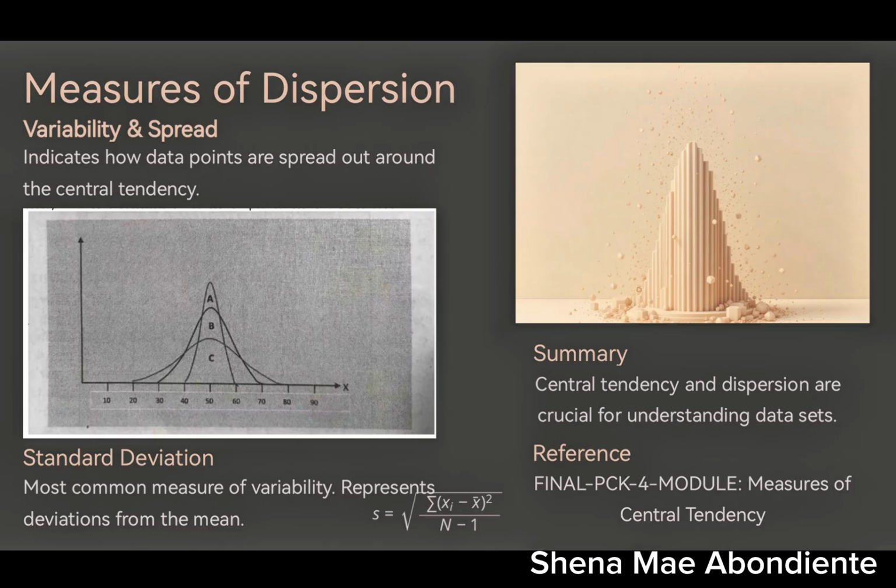Next is leptokurtic: the curve is tall and thin, with a high peak and heavy tails, so the data have more extreme values. The last is platykurtic: the curve is flat and broad, with a low peak and light tails, so data are more evenly spread out.